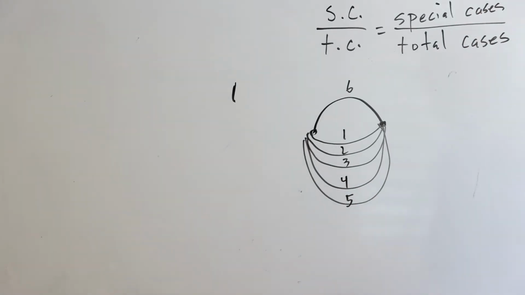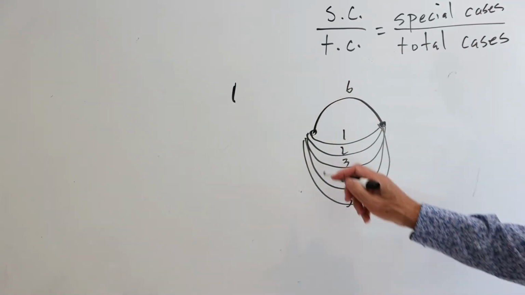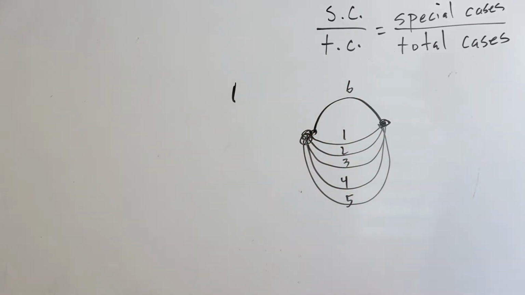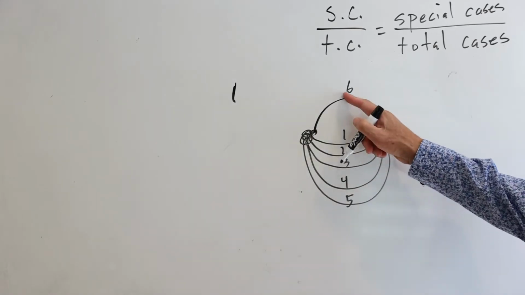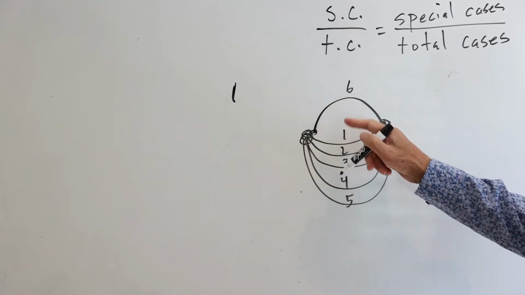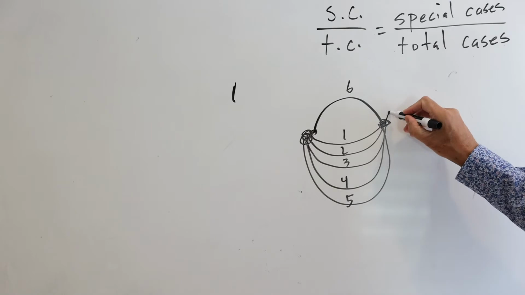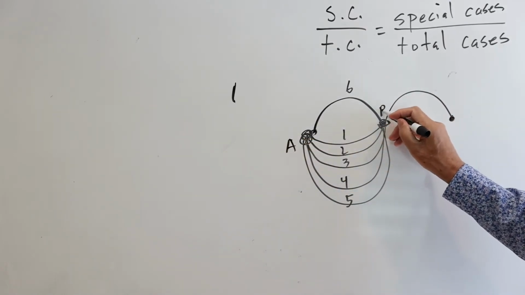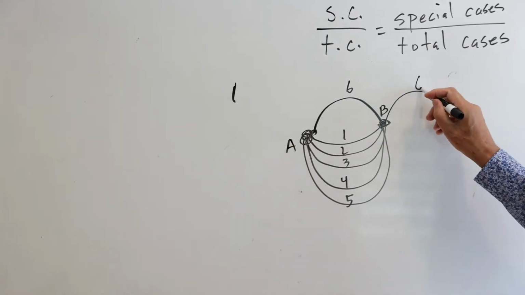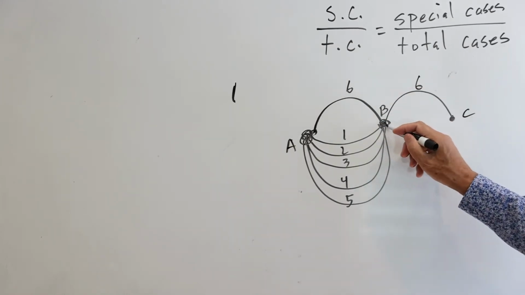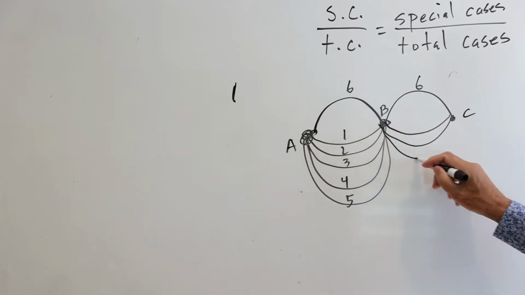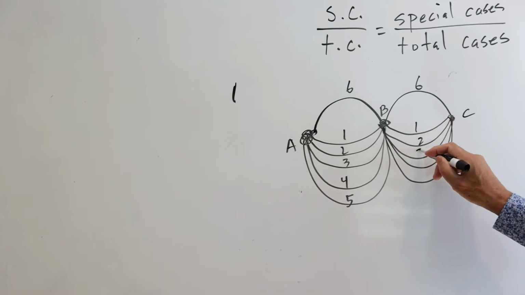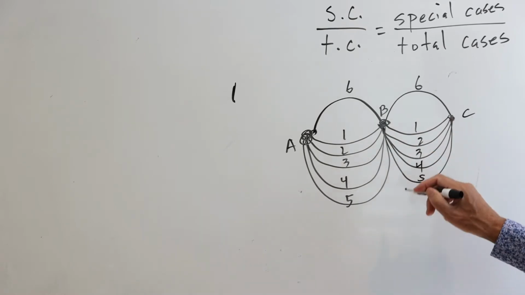I like to call them the high road and the low roads, okay? So this is a town, let's say, and you want to go to this town, and you have to take one of these 6 roads. There's 1 chance in 6 that you're taking this high road. Then do it again. So let's say the towns are A, B, and C. So again, this is a 6, and that's the high road. Or you can have another low road again, another 5 low roads. So again, it's 1, 2, 3, 4, and 5.